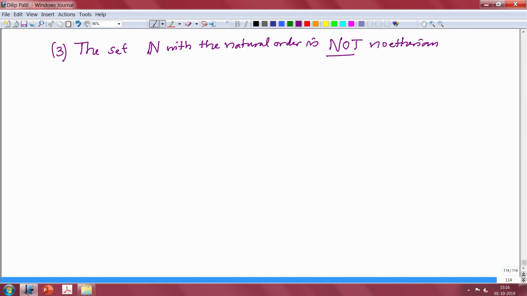Now, I want to make some more definitions. I want to give a different characterization of Noetherian ordered sets, which is somewhat easier to check in practice, because this definition of Noetherian, that every non-empty subset has a maximal element, is not very economical to check. So, we have to find equivalent characterizations of Noetherian ordered sets which will be easier to check. So, for that I am making a new definition now.